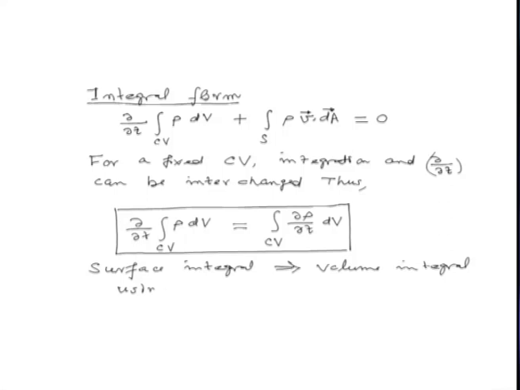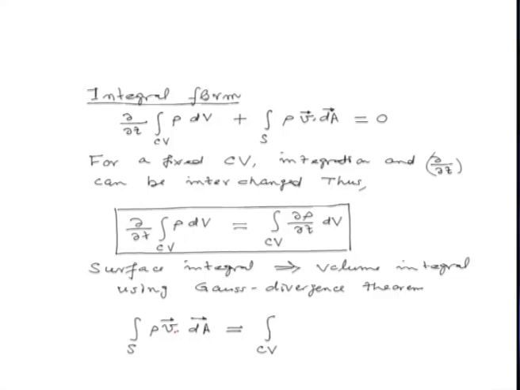Using Gauss divergence theorem, which we had looked at in the previous lecture, our surface integral is rho v dot dA. Now, what is the equivalent volume integral?